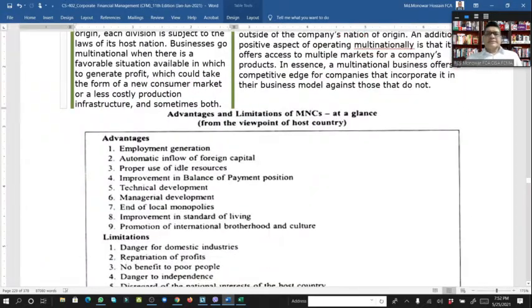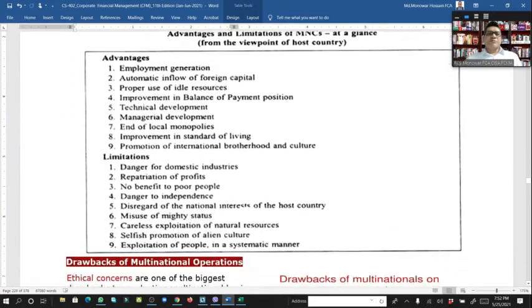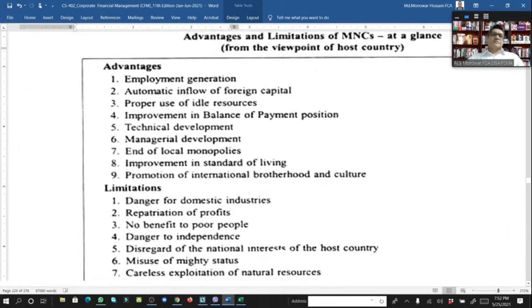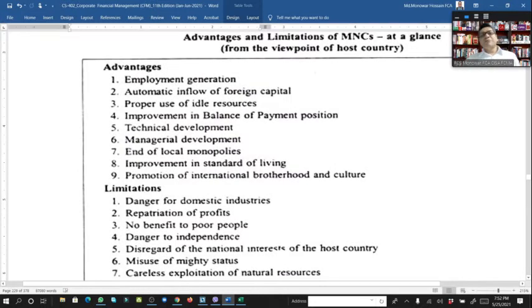Now, the advantages and limitations of multinational companies. What are the advantages? Employment generation and automatic inflow of foreign capital. For example, if a company from another country comes to Bangladesh, that's FDI, foreign direct investment, which means they're bringing money into our country as foreign currency.